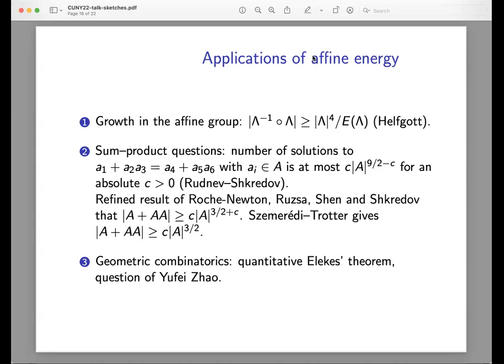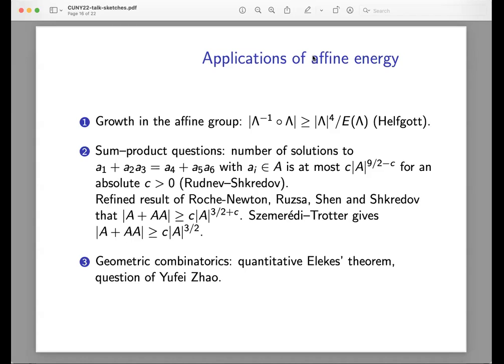Another one is the sum-product question. This is like the L2 version, if you like, so L2 here means an energy version. You have a finite point set A and you want to count the number of solutions to the equation A1 plus A2 times A3 equals A4 plus A5 times A6.